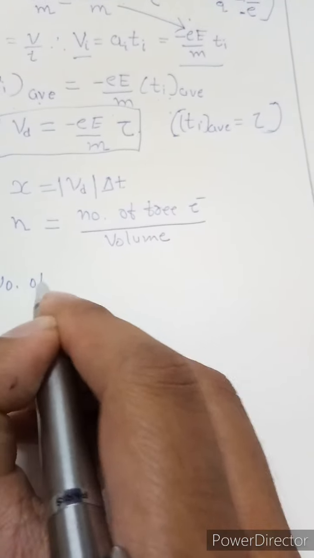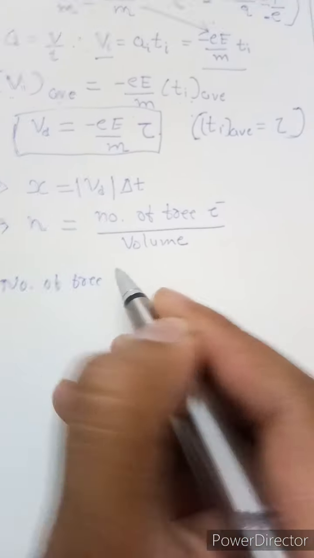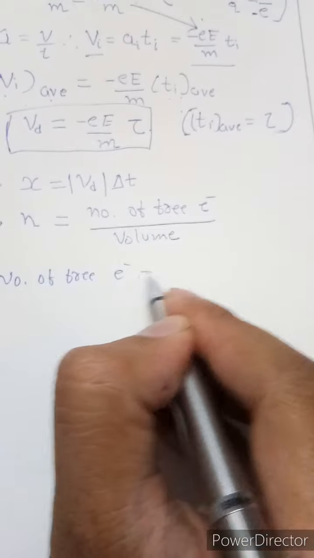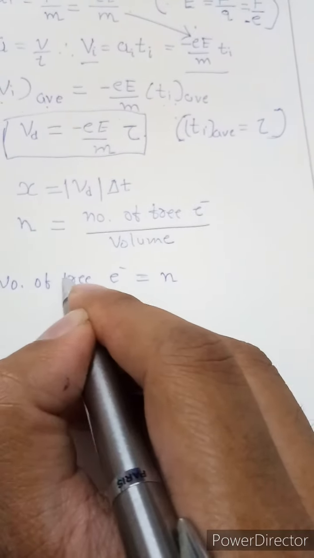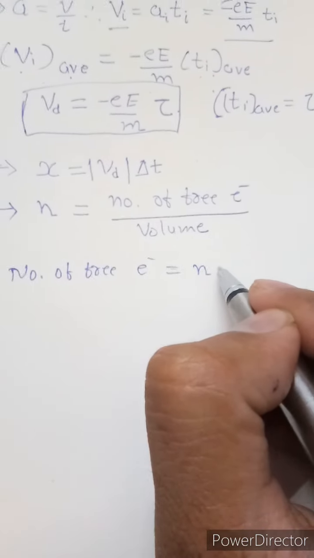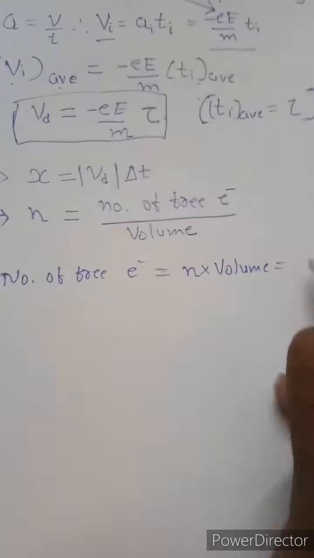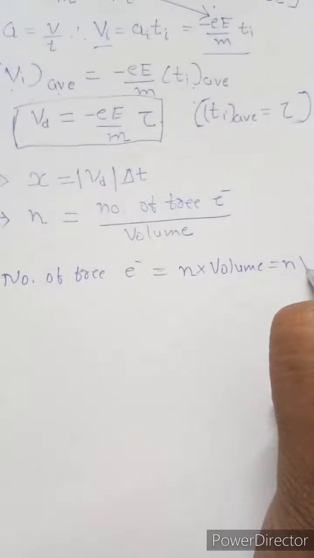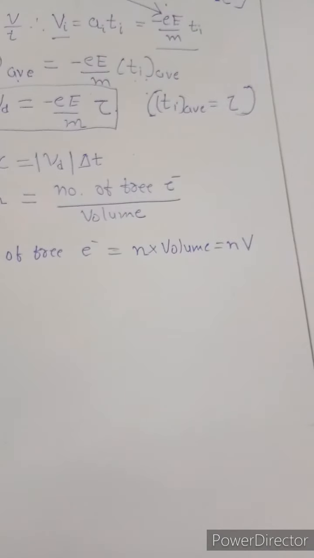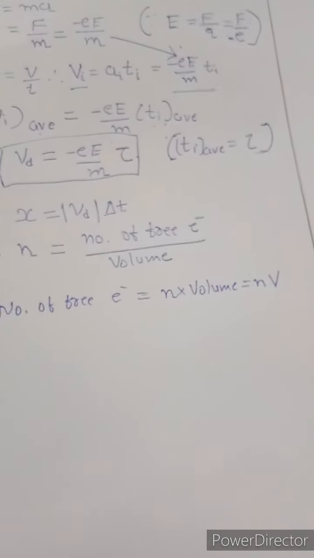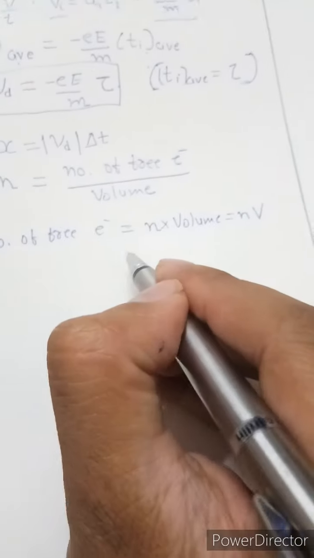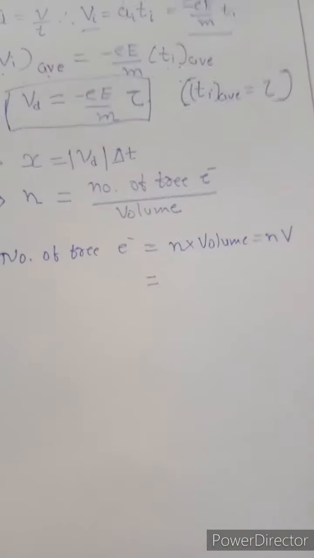Number of free electrons will be given by n into volume, and this volume is capital V. How can you find capital V?